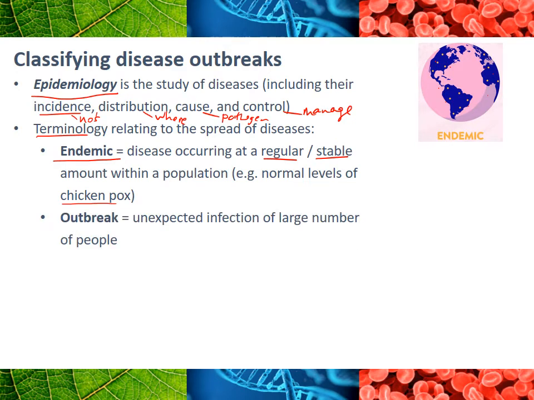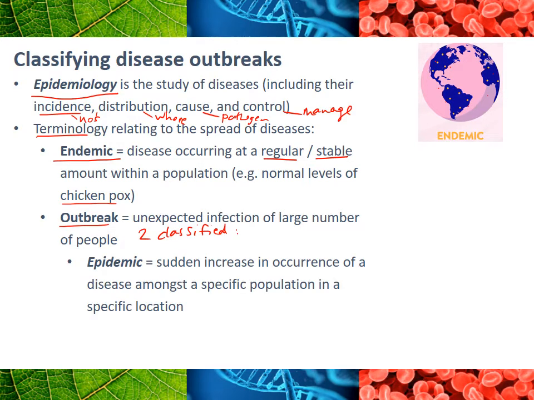An outbreak is when we get an unexpected infection of a large number of people. And obviously that's very familiar this year. There are two ways that an outbreak can be classified, and they are an epidemic, which is a sudden increase in the occurrence of disease amongst a specific population in a specific location.